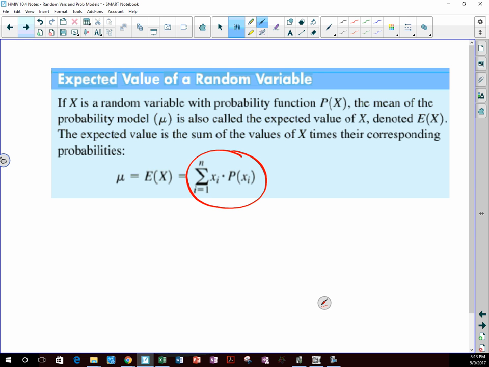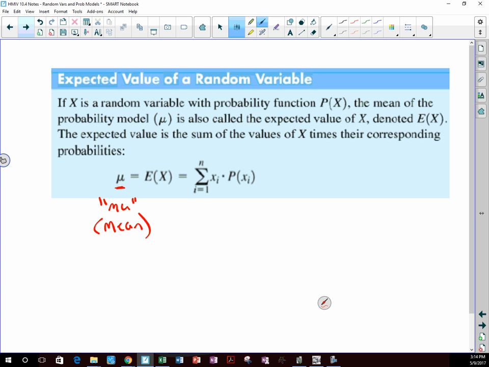Basically, the expected value is the weighted mean given the outcome and the probability in the random variable event. So this symbol here, mu, is just a notation for mean. So the expected value is just the average value that you would expect to get.